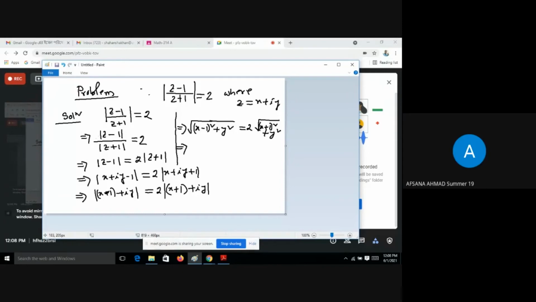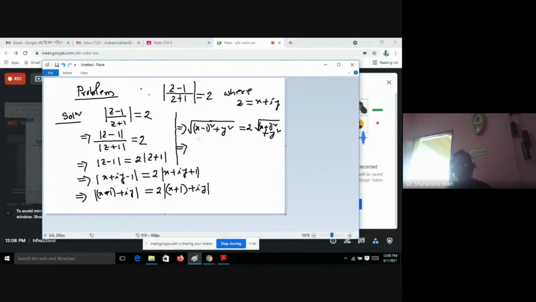Squaring both sides, x minus 1 whole square plus y square equals 4 times x plus 1 whole square plus y square. Am I right, friends? We just calculate here. Left hand side: x square minus 2x plus 1 plus y square.